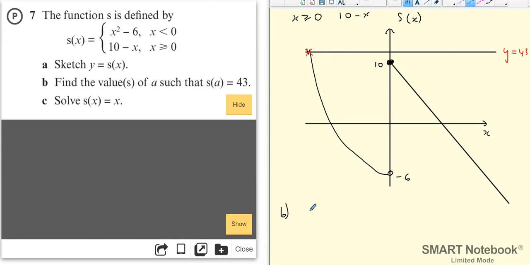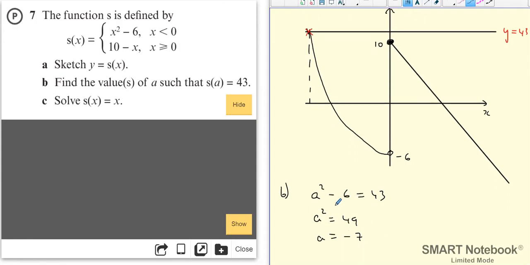So now we are going to say x squared minus 6 equals 43. Actually I should be saying a squared, and a is negative. So a squared equals 49, a equals minus 7. Okay, does that make sense? Can you please let me know in the chat for part B?